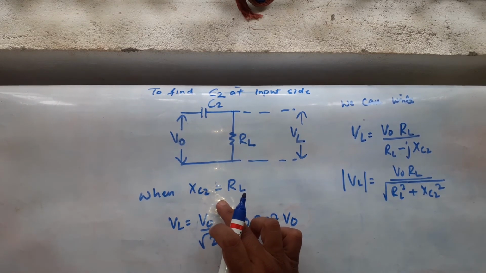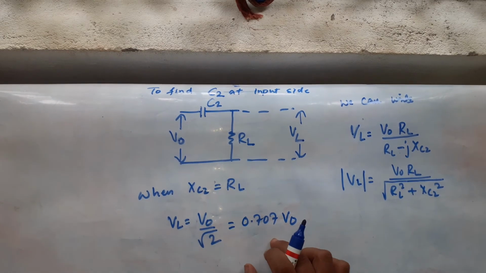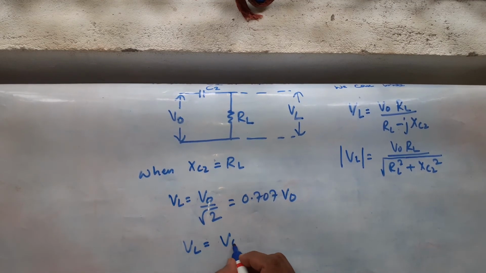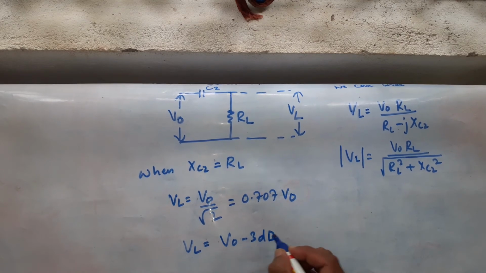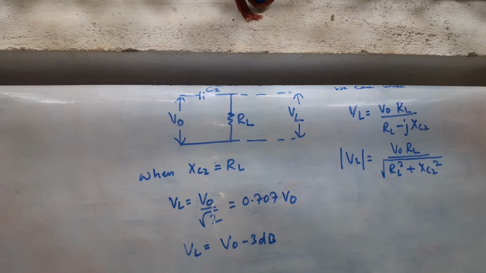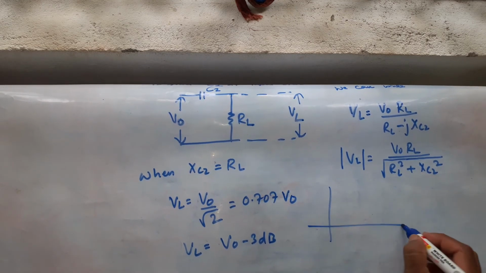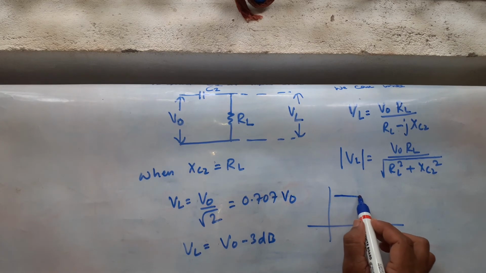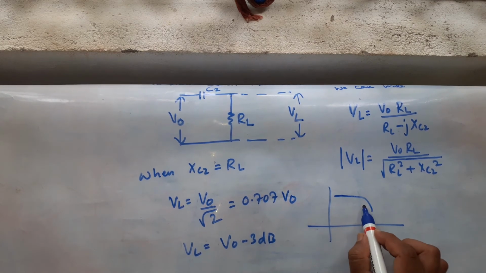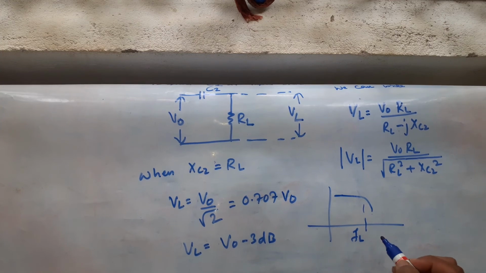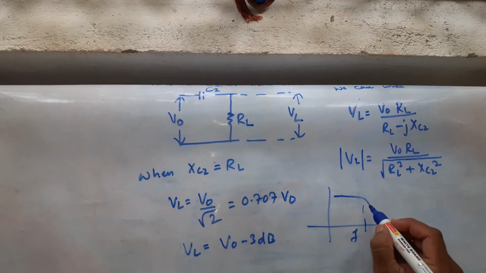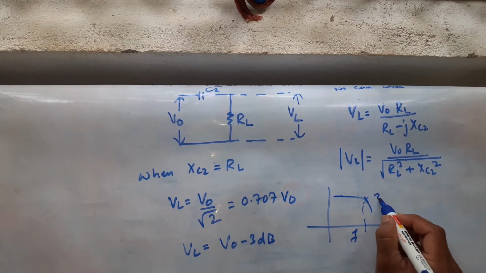You cannot make this like how we did for C1. You should get 0.707 V naught. I'll tell you why. So that VL becomes V naught minus 3 dB. What is this minus 3 dB? For an op amp, the gain falls down at the lower cutoff frequency, and this 3 dB down is needed.